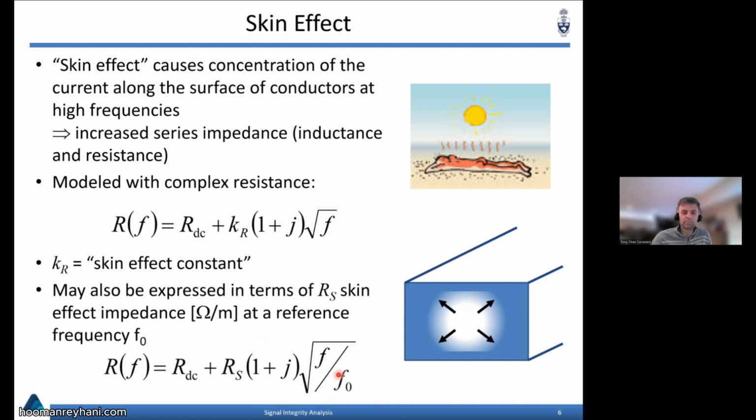So for example, f naught might be 1 gigahertz, and then RS is the number of ohms per meter of extra impedance at f naught. Whereas kr is sort of like the extra series impedance introduced at 1 hertz, which is going to be a very small number basically. But the two are interchangeable.